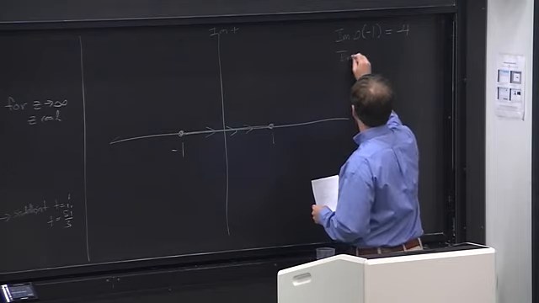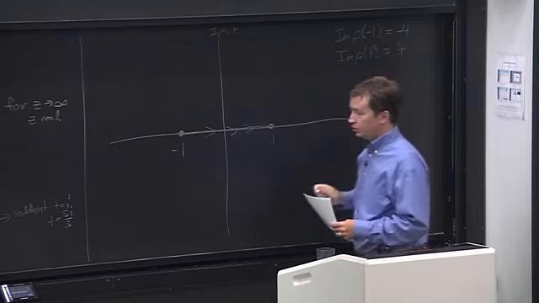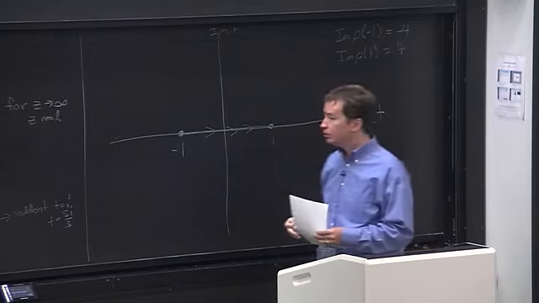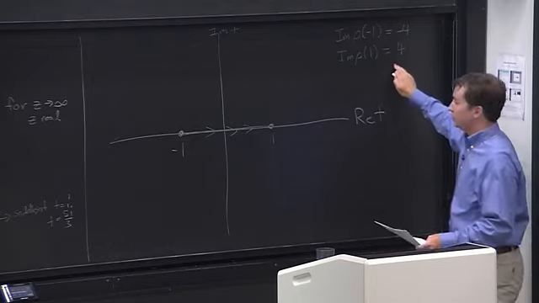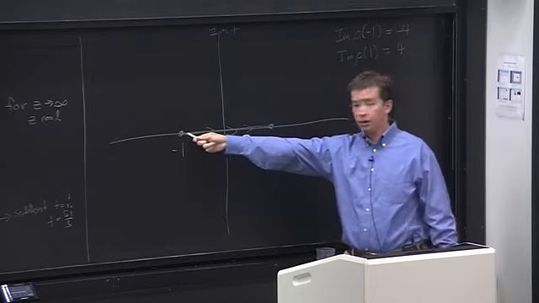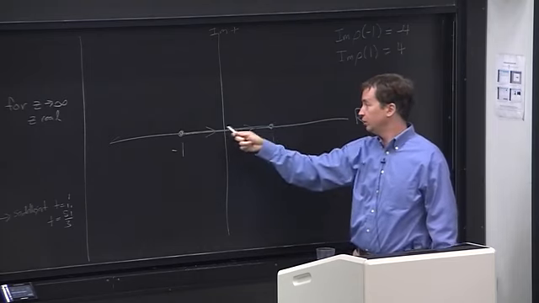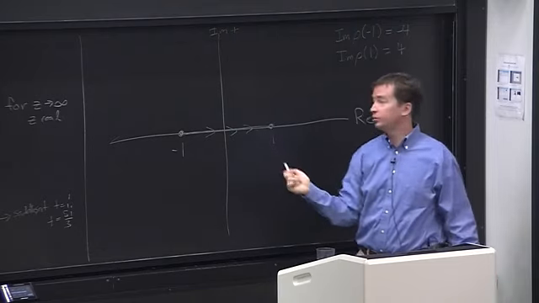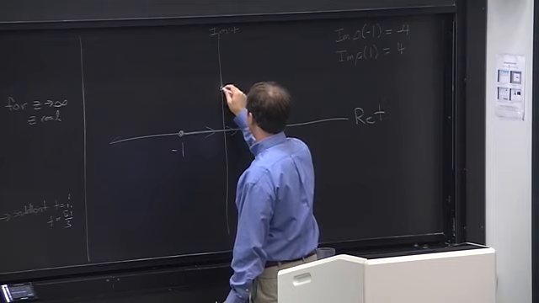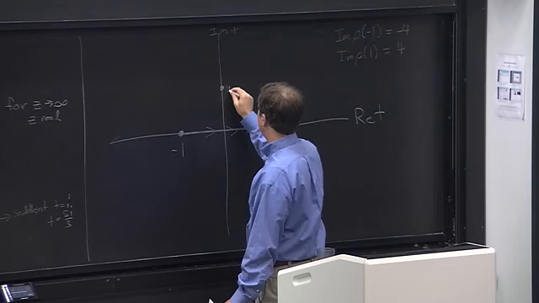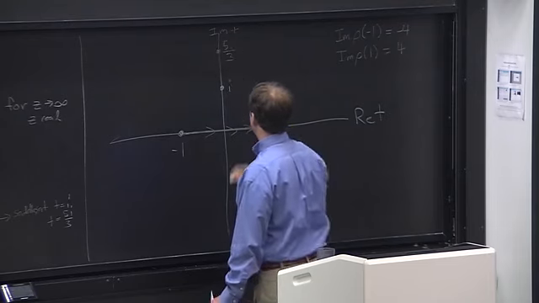And at 1, we get 4. So this contour is not a contour in which we can apply the saddle point method. It doesn't pass through any saddle points, but even if it did, we could not apply the saddle point method. We know that there are saddle points at I and at 5I over 3.